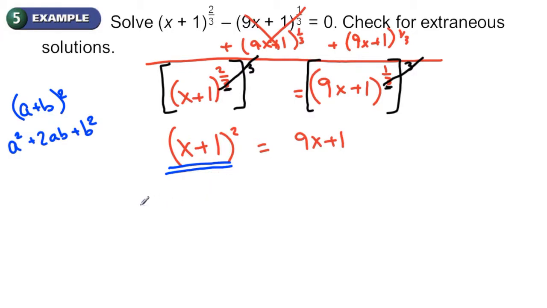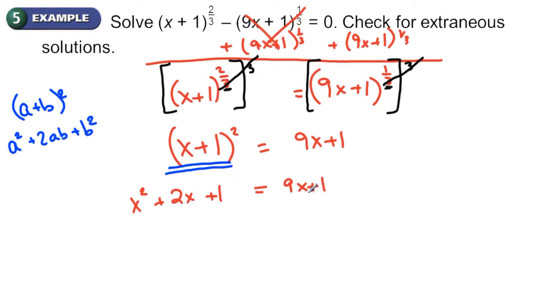Excuse me. So on the left side, first term squared, x squared. Multiply these two together, we get x. Times 2 is 2x. Last term squared is 1. And now we have this is equal to 9x plus 1. x squared plus 2x plus 1.